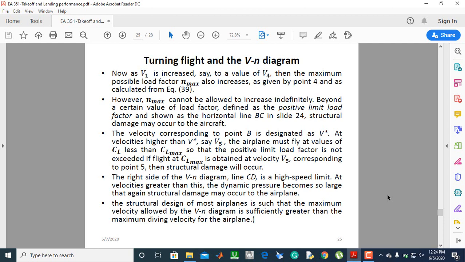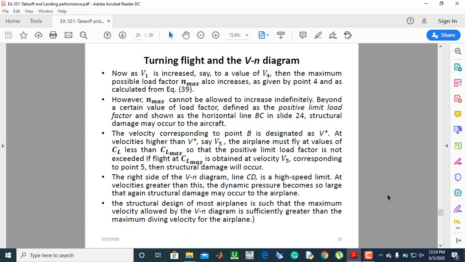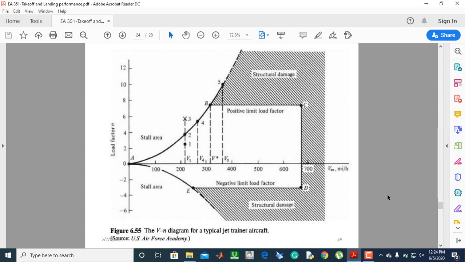Then the right side of the VN diagram, line CD, is a high speed limit. At velocities greater than this, the dynamic pressure becomes too large, and again structural damage may occur to the aircraft. So CD is the speed limit, the maximum speed that this aircraft can fly at.